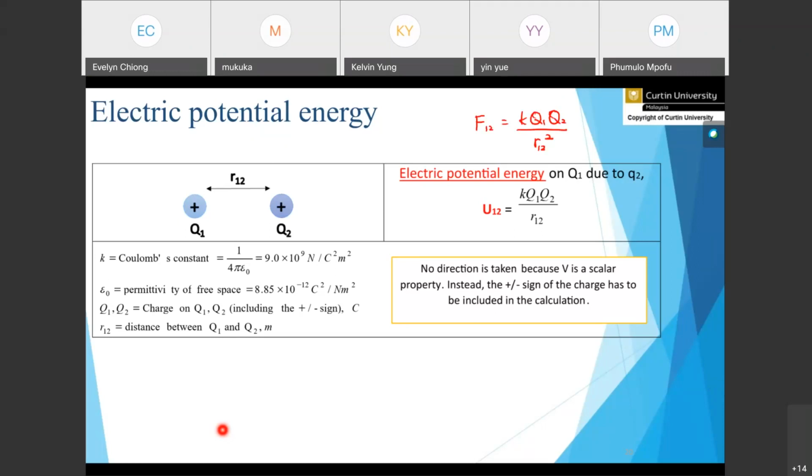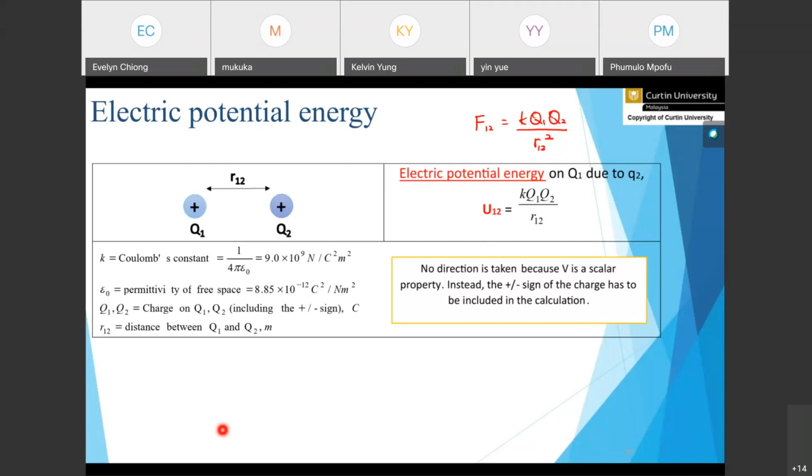Okay, so this one is just calculating the electric potential energy on Q1 due to Q2. If it is on Q1, then we write down 1 first, due to 2. If it is electric potential energy on Q2 due to Q1, then you will write down as U21. On which one, then you write it first, then due to the other one, you write it second.